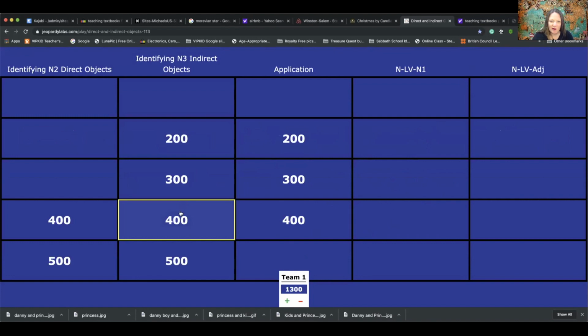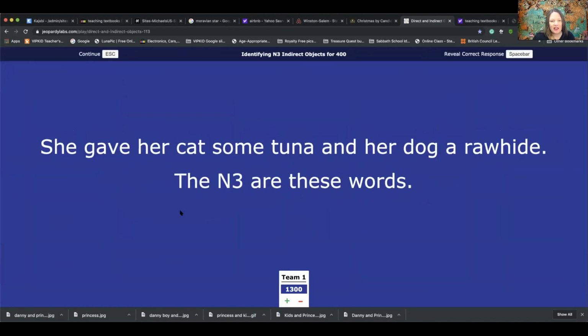Indirect objects for 400. She gave her cat some tuna and her dog a rawhide. The noun 3 are these words. What are the noun 3s in this sentence?